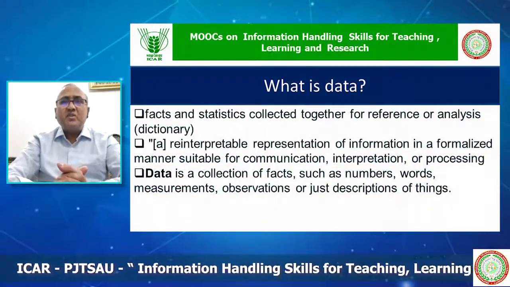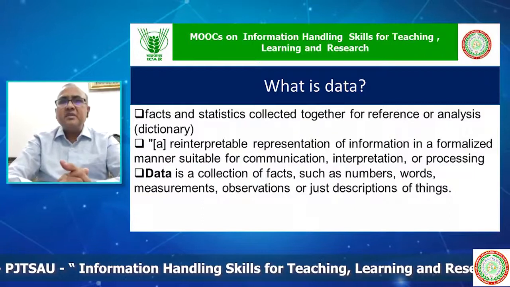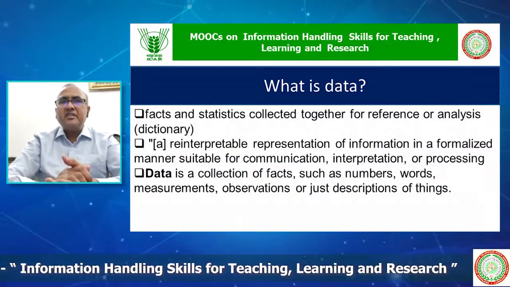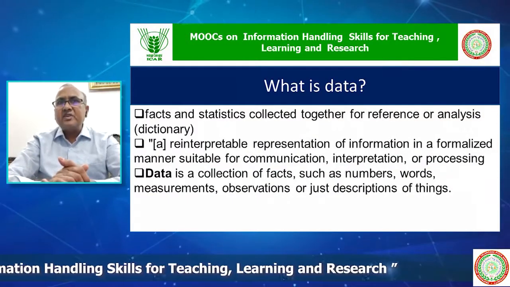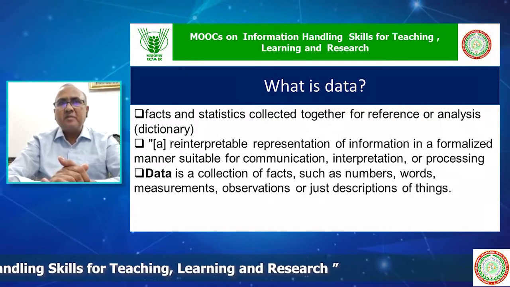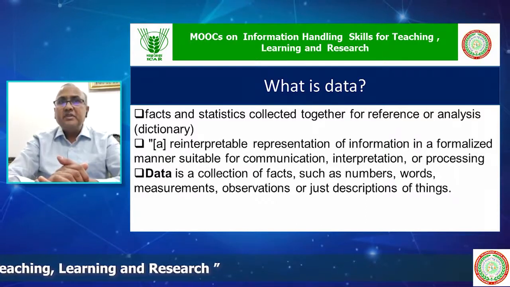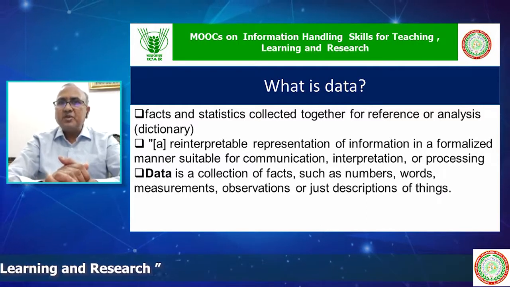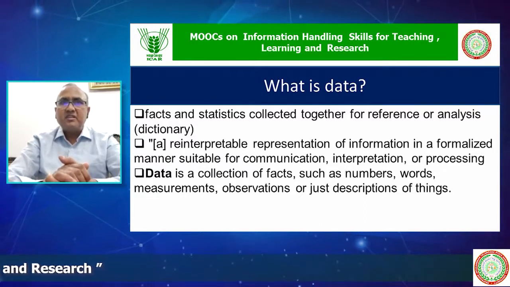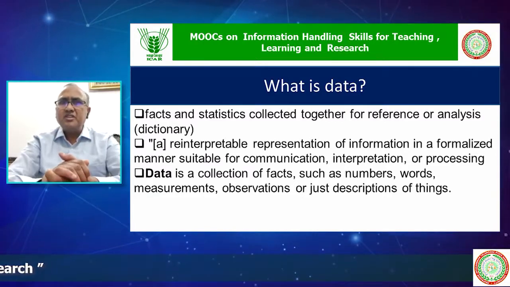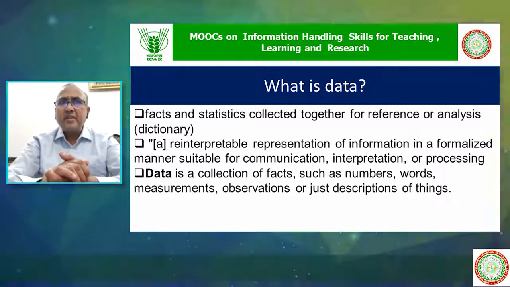So let's begin with what is data. The dictionary meaning of data is the facts and statistics collected together for reference or analysis. A reinterpretable representation of information in formalized manner suitable for communication, interpretation, or processing.